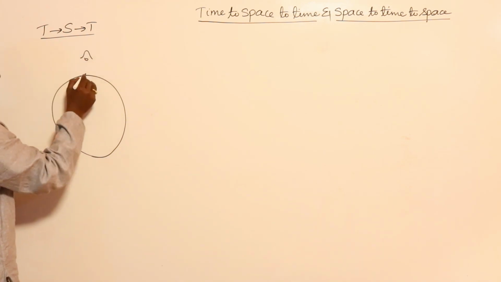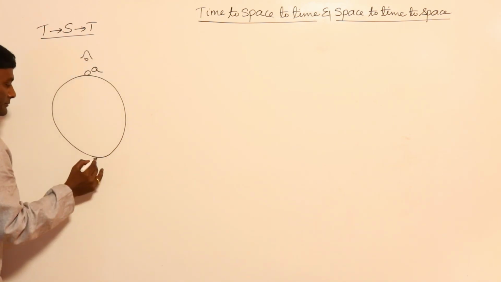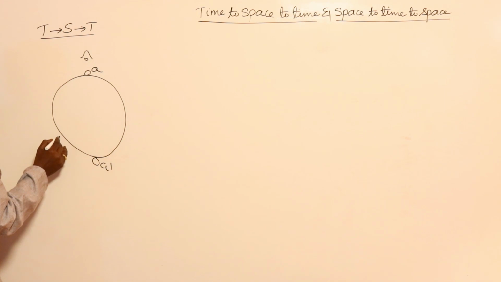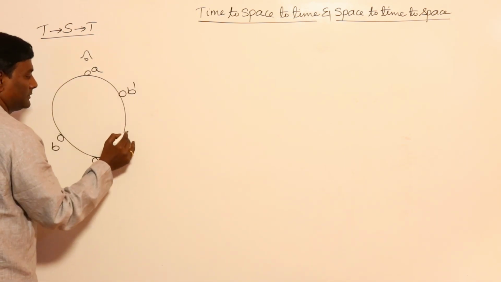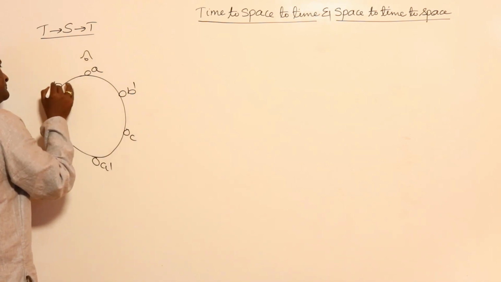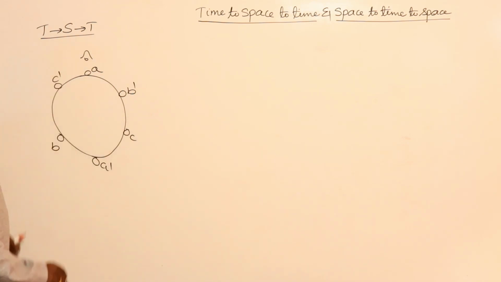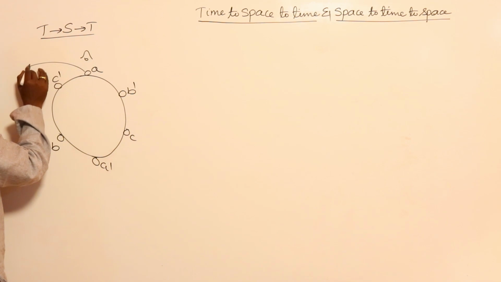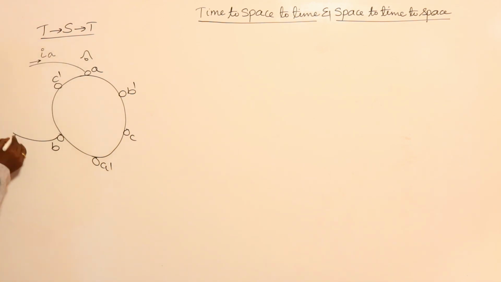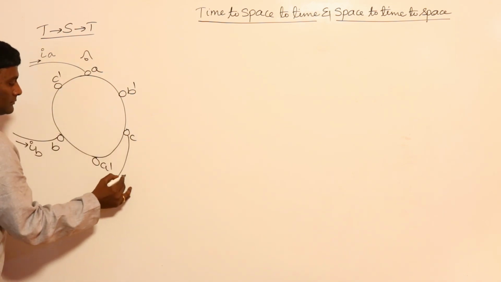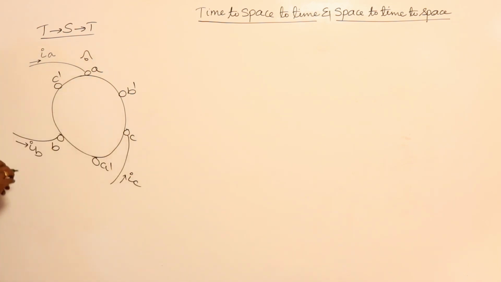This is the stator. Let me have A dash, B dash, C dash. Now if I inject time displaced currents, time displaced by 120 degrees, what will happen?